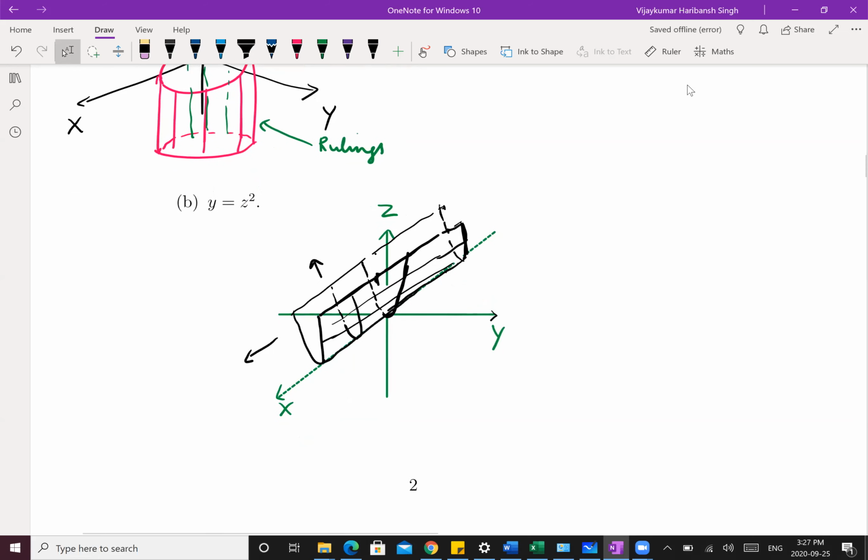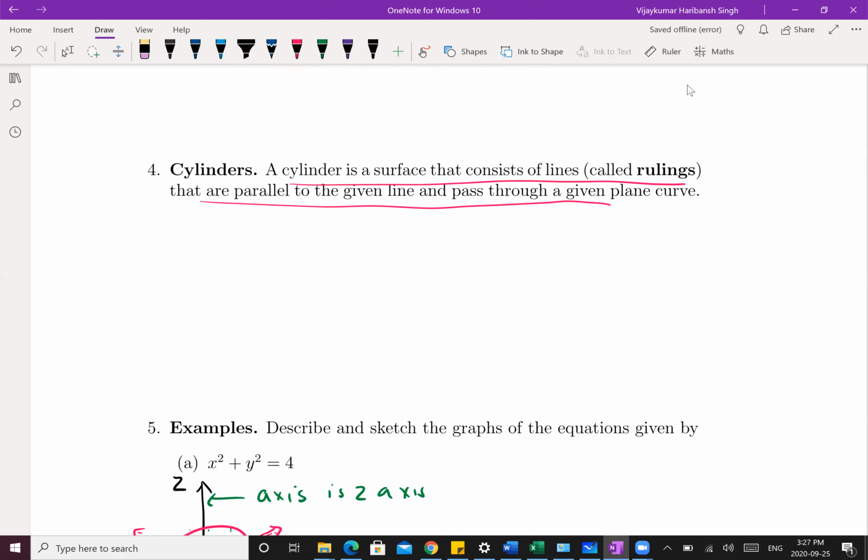So essentially the idea is, if you have a curve and a certain axis, you draw lines parallel to it, and the cylinder is the collection of all these lines.